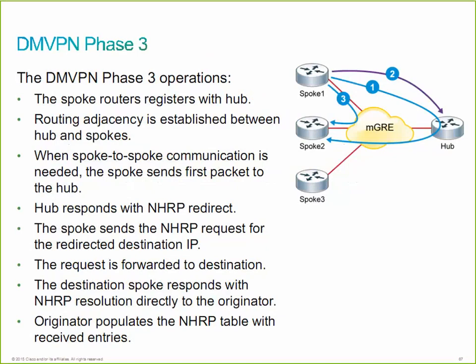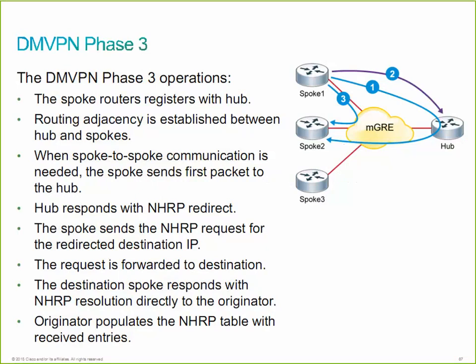So what did DMVPN Phase 3 introduce? I mean, it sounds like everything that we've talked about is pretty much what we need for DMVPN to work. So we said that DMVPN Phase 3 is very similar to Phase 2.